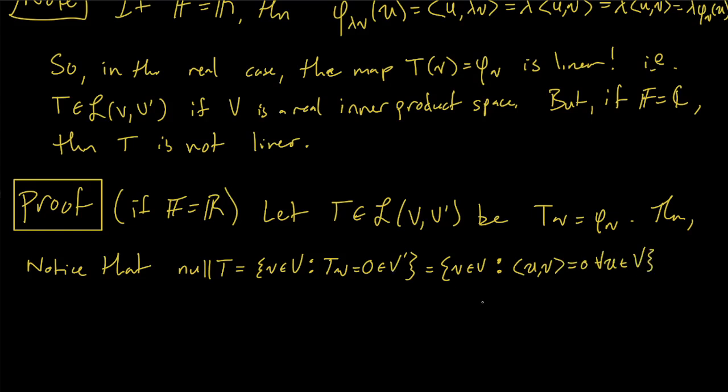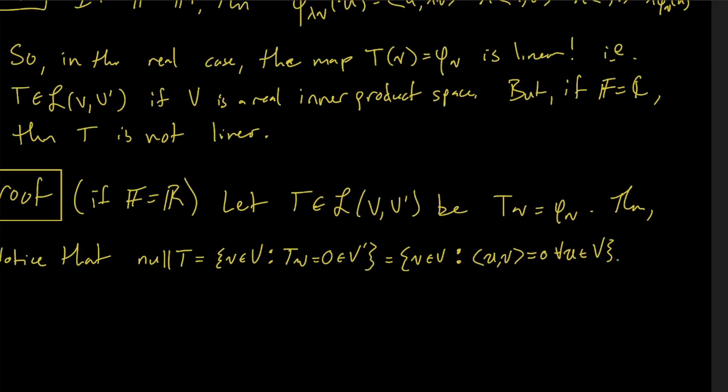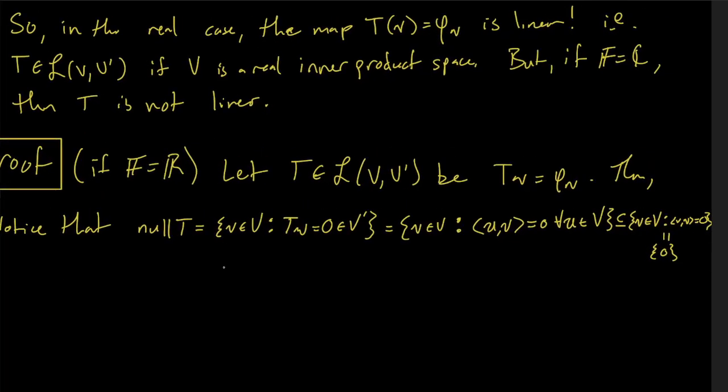Since the 0 map in V prime is just the map that sends every single vector to 0. Okay. But hey, would you look at this? This is certainly contained within the set of v's in V such that v inner product with itself is equal to 0. But that is just the set {0}. If it has to hold for all u's, then it certainly has to hold for the particular u that is also equal to v. Yeah?